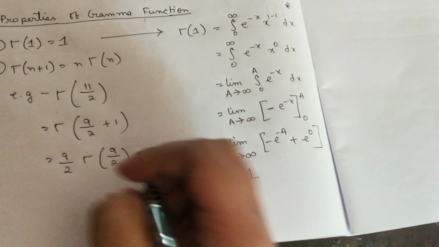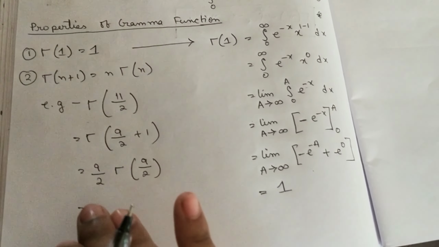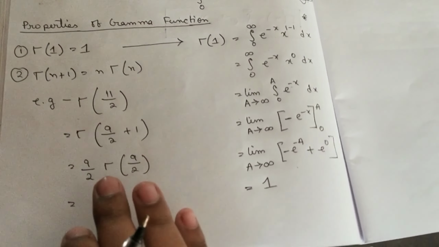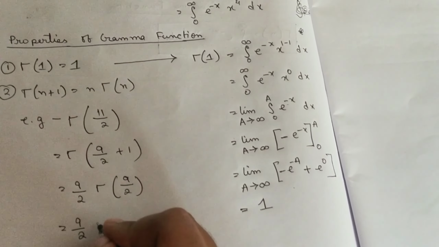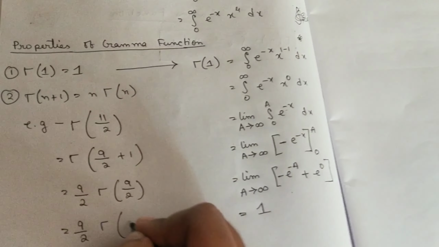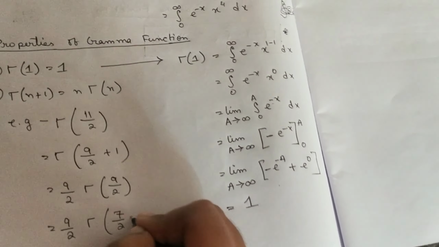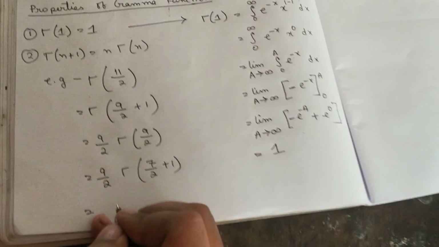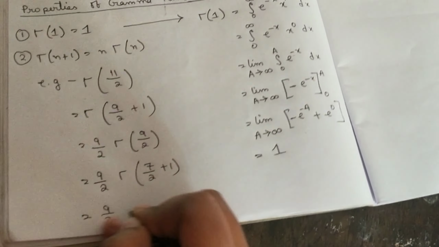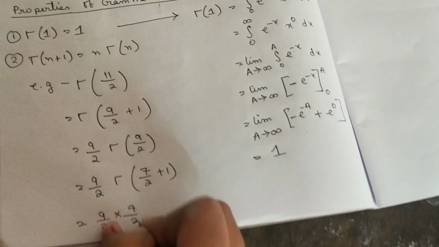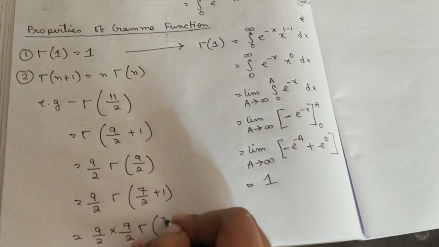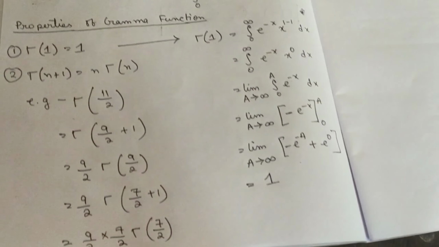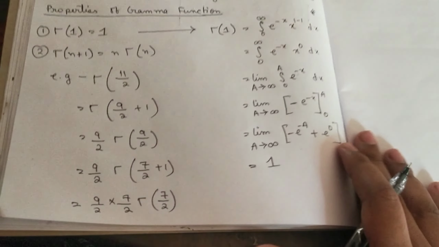Again we can make it in simple version, that is 9 by 2 gamma 7 by 2 plus 1, right? So 9 by 2 into 7 by 2 gamma 7 by 2. Fine, let's complete the sum first.